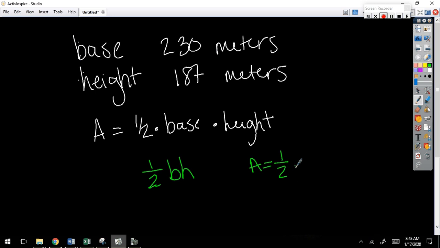What's the base? What's the height? You're going to need a calculator for that. Somebody, anybody? 115 times 187? Anybody?